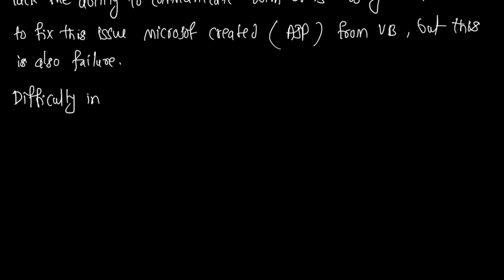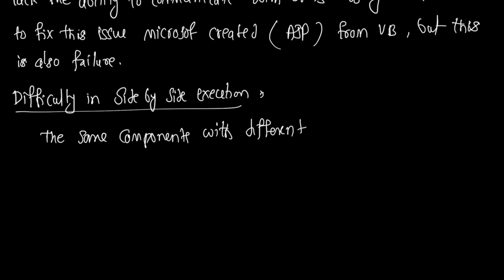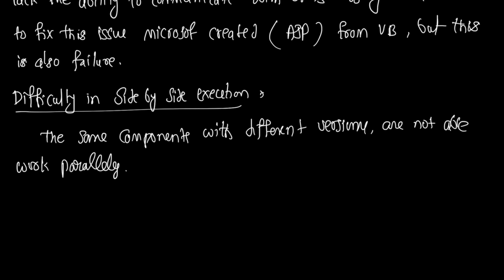There was also the difficulty of side-by-side execution. If you want to execute two versions of DLLs side by side in a single application, there is a lot of difficult configuration to do, and sometimes it is impossible to work with different versions on the same machine in parallel.